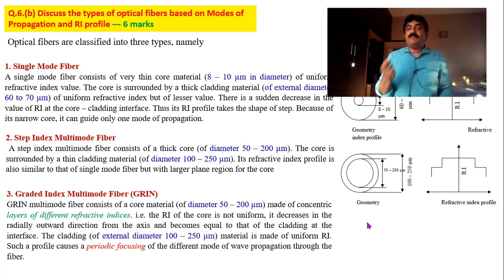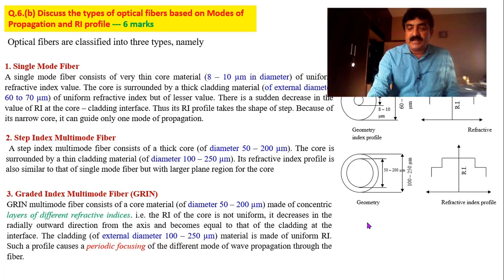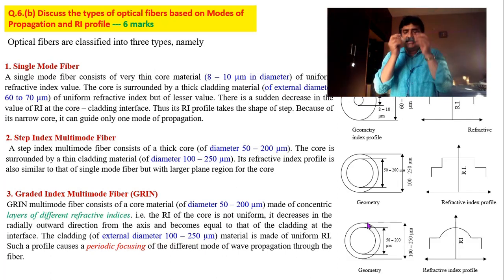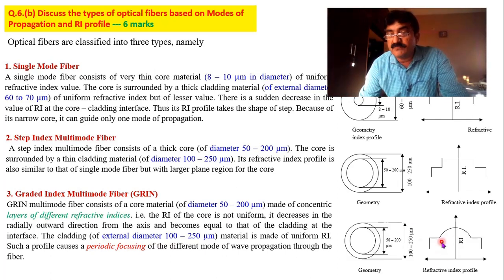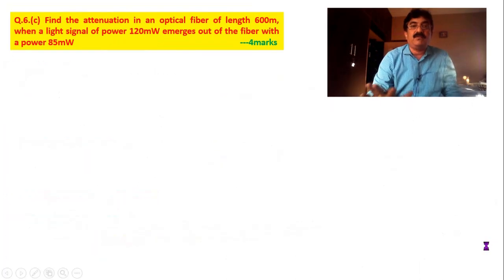Like in graded index multimode, core is big, about 100 to 200, clad is also big, about 100 to 250, but the difference is the refractive index is not constant, it is gradually decreasing. So see the profile, earlier it was in the form of a step, now it is in the form of a hump, that gradually decreases, afterwards it becomes constant. So this is about types of optical fibers.